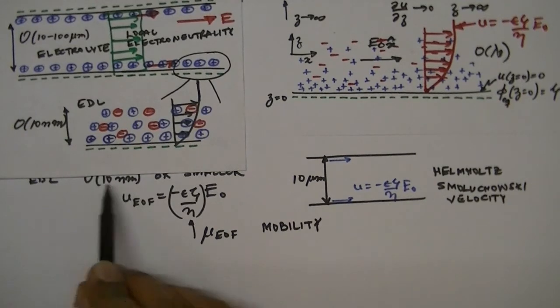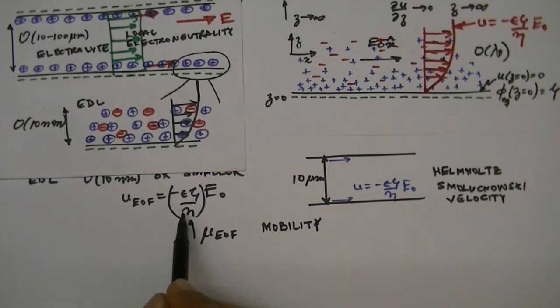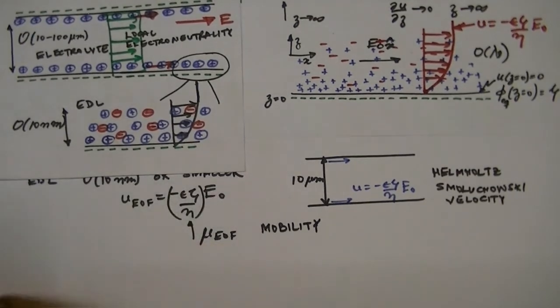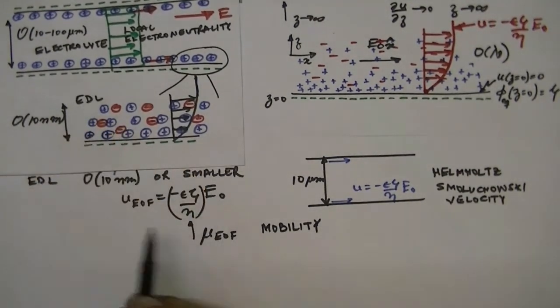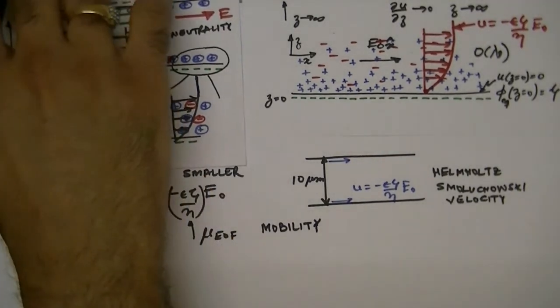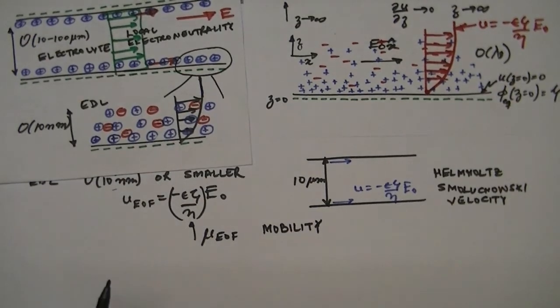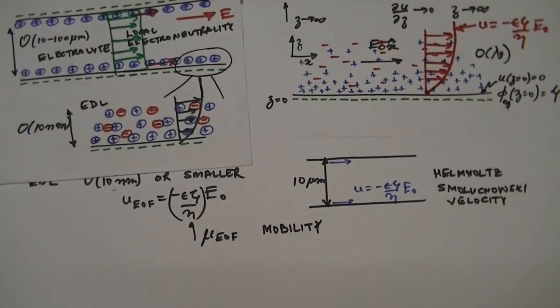But in electro-osmotic flow that is not the case, so the flow velocity is actually not depending upon the channel dimensions. So therefore for microfluidic systems, electro-osmotic flow is often more convenient than pressure driven flow, because the effects of higher hydraulic resistance do not come into picture for electro-osmotic flow.